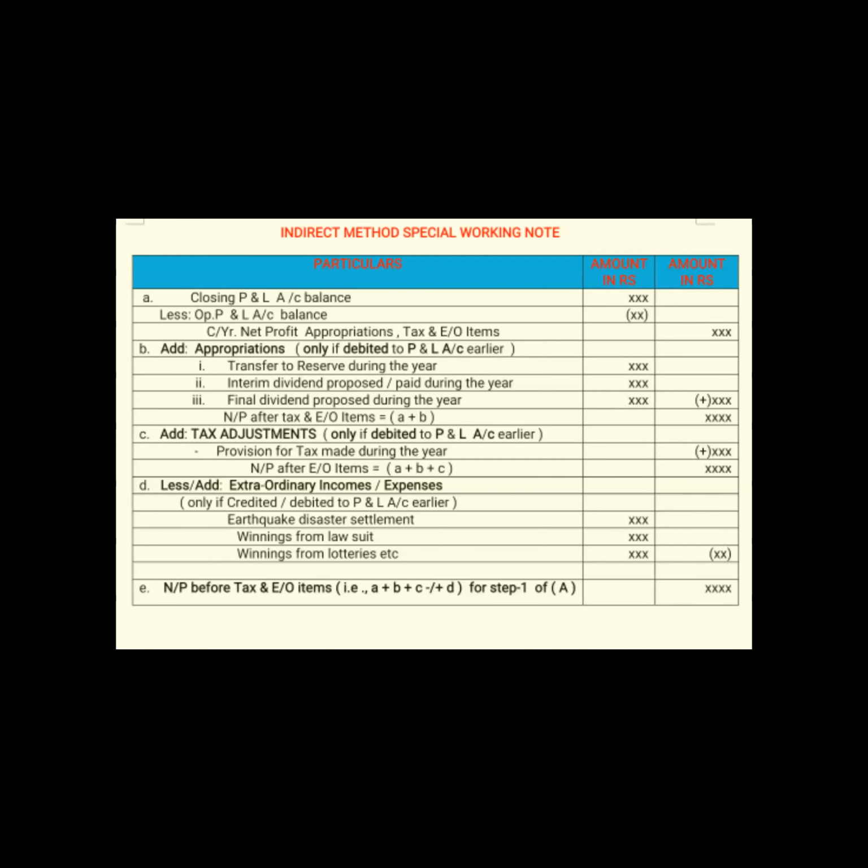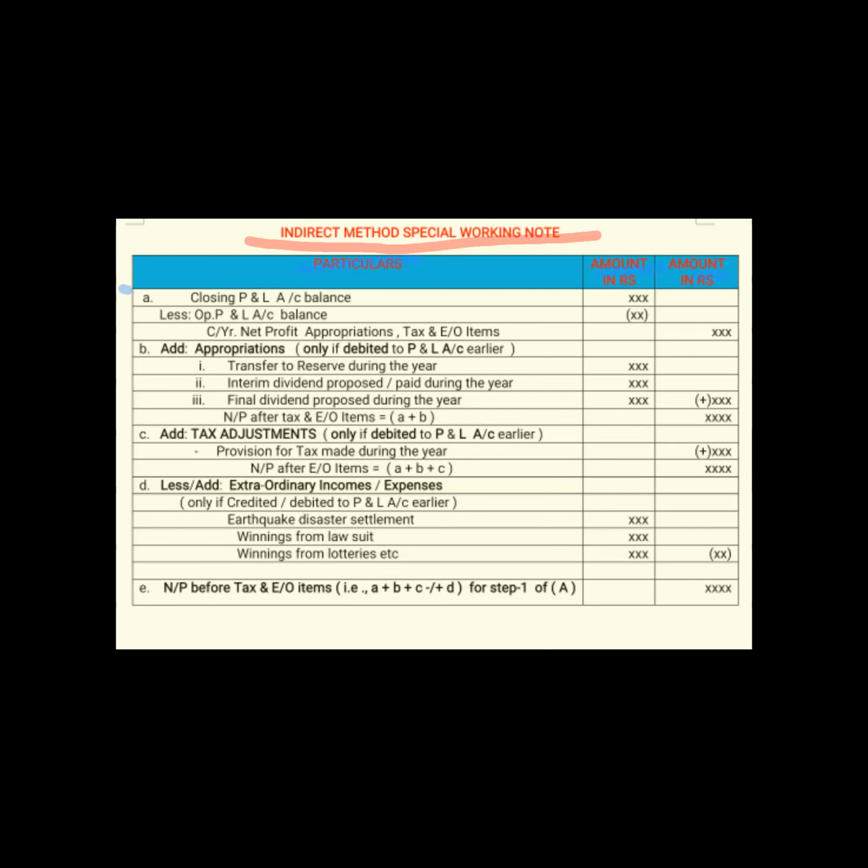We are discussing or revising the indirect method. Special working note for the indirect method. Particulars, amount, two columns are there. First thing, we need to find out net profit after appropriations, tax and extraordinary items.